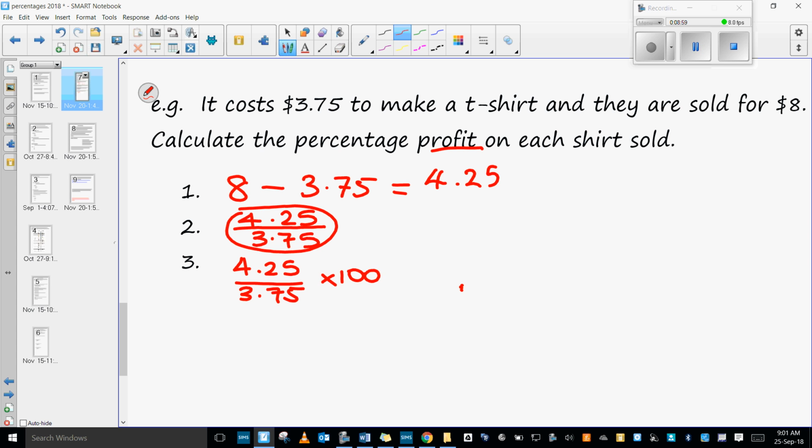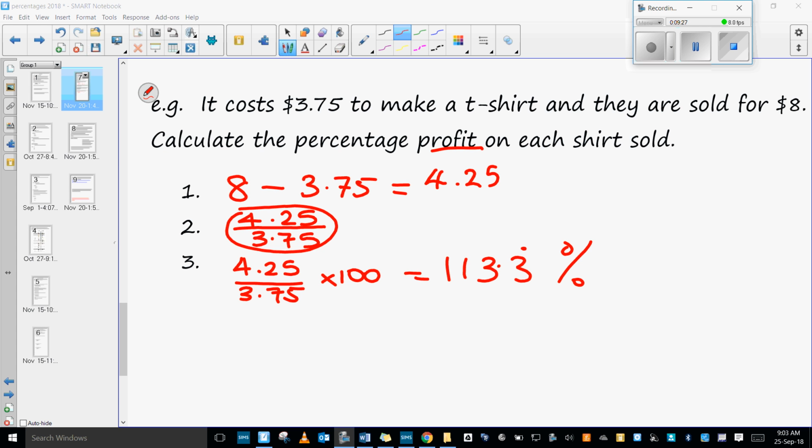Okay, and Fasika, you've got your calculator out. Do you have an answer for me? Pressure's on. Okay, so it's 113.3 recurring percent. Well, hang on a minute, that's more than 100. Is that okay? Yes. Yeah, in this case it is okay.